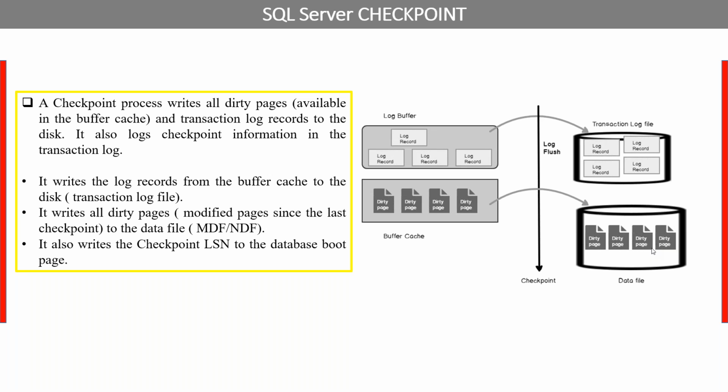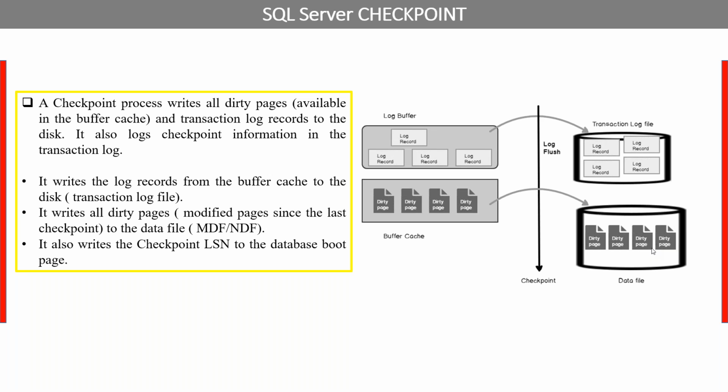So the checkpoint flushes the changes. Who will move the data, sir? That is what everyone has as a question, right? Your checkpoint will flush the data. The checkpoint triggers internally and moves the data from the buffer to disk. It writes all the records from the buffer cache to the LDF. It writes all the dirty pages, modified since the last checkpoint, to the data file. Got it?